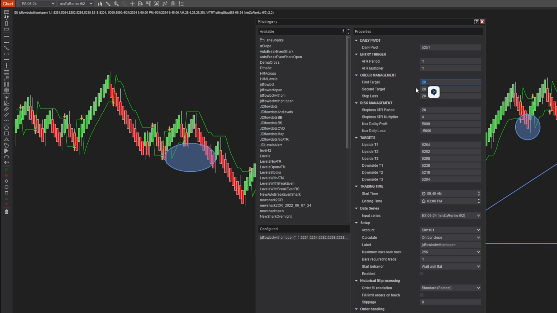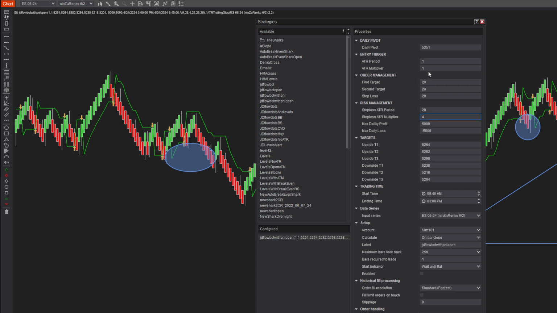So you can probably place the first target at 20 and the second target at 40, so you're looking for 5 points and 10 points, risking 28 ticks, or the ATR break of the period that we specify here, where it's a stop loss, ATR period, and multiplier. All of these things are given every single day for people to use, and hopefully everybody's applying the same concept, and that's why you will get the same type of results.